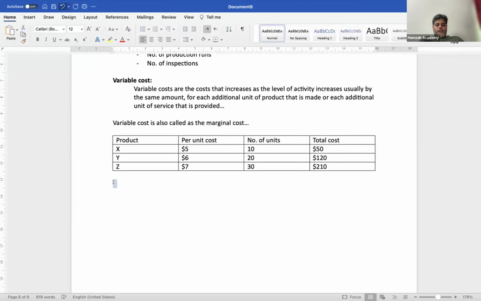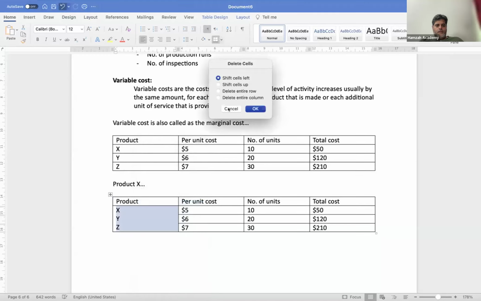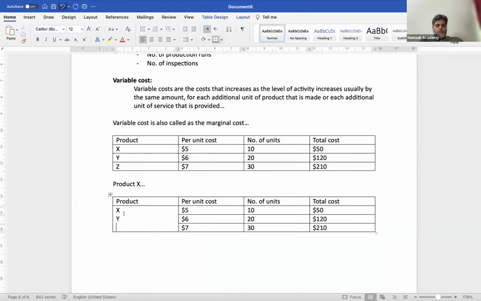Right, now if we explicitly talk about product X, let's say we have product X only. We just have product X, so the per unit cost is going to be 5, 5, and 5.